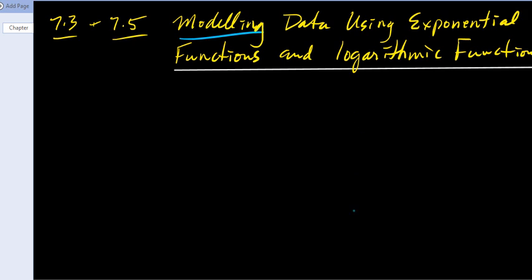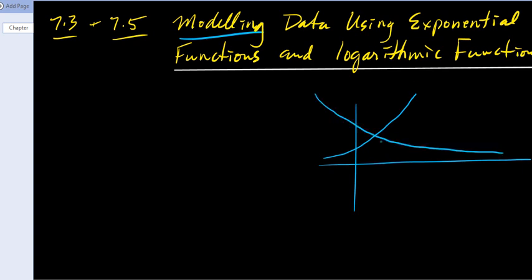And of course, in 7.4, which we've already done, we've taken a look at exponential functions that are increasing and ones that are decreasing. Okay, so these have different names when we're talking about data collection, and we may as well talk about those right now.